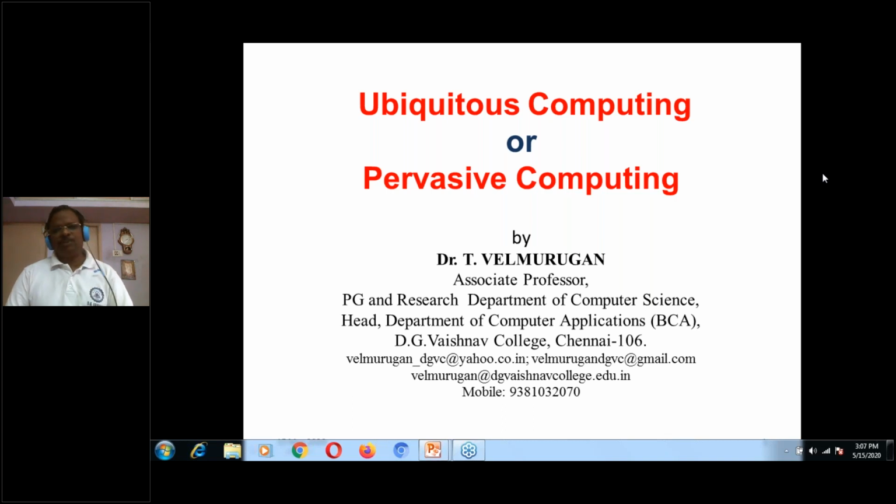So what is the difference between cloud and ubiquitous computing? In cloud, we cannot access devices. But in this computing, we can access devices. In cloud, we can access only databases and other computing oriented, connection oriented information. The information stored in a computer is accessed by means of cloud.